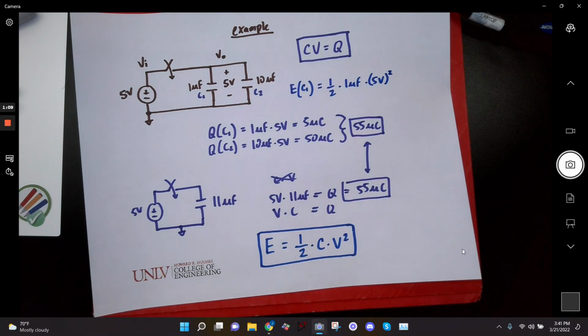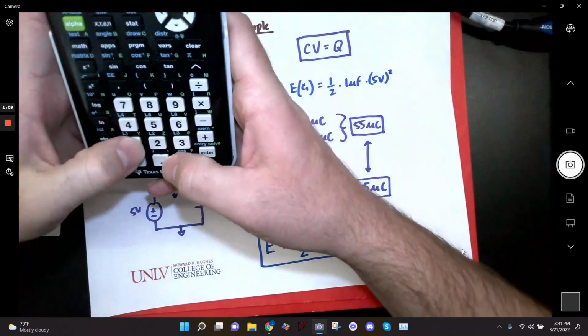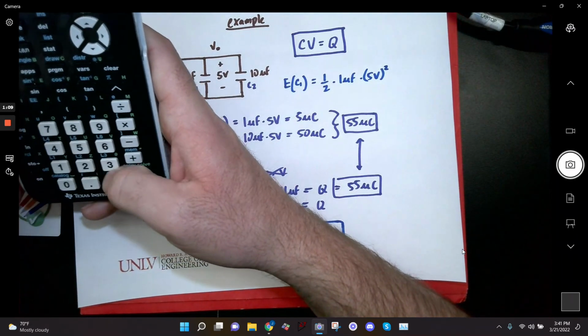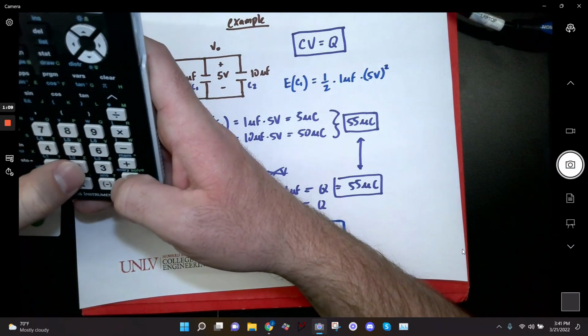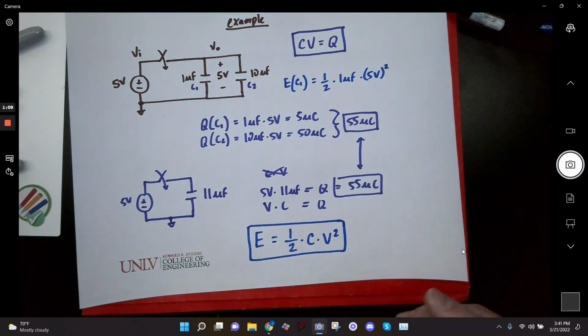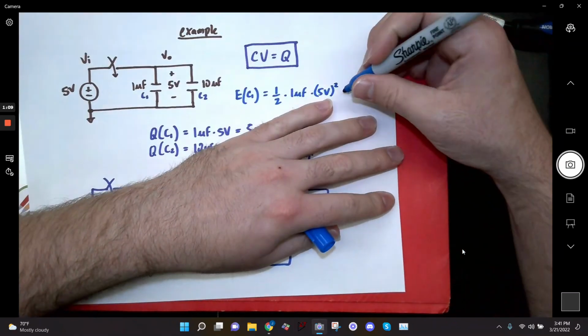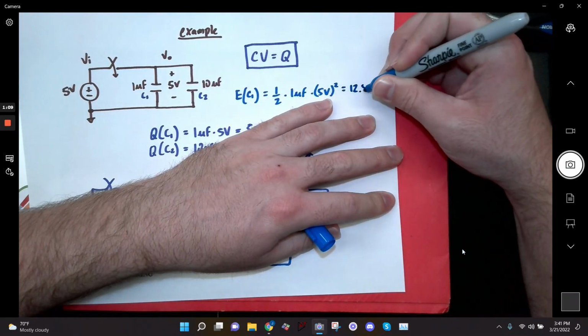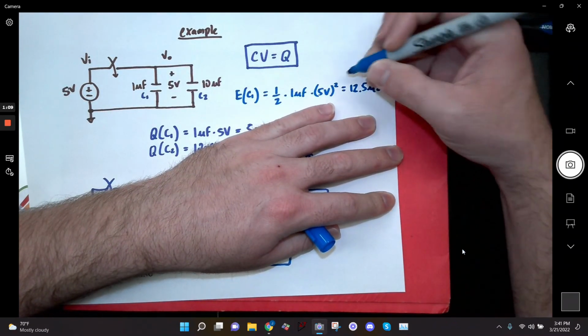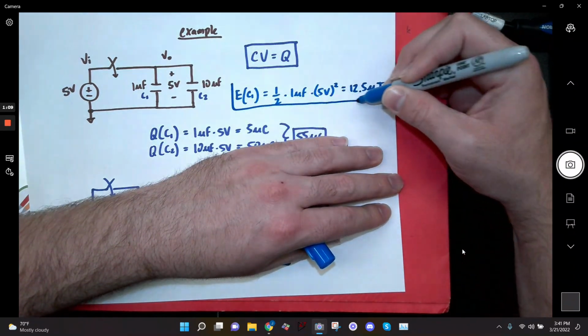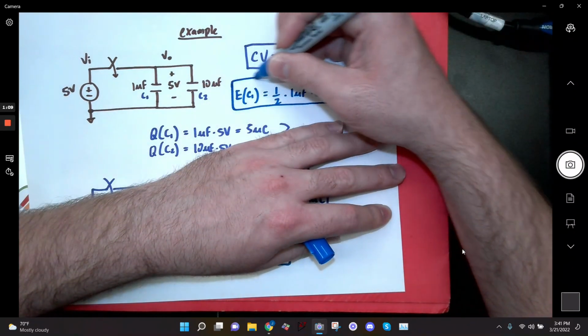It's C times V squared. And so that's going to be in terms of joules. So 5 squared, divided by 2, so 12.5 microjoules of energy.